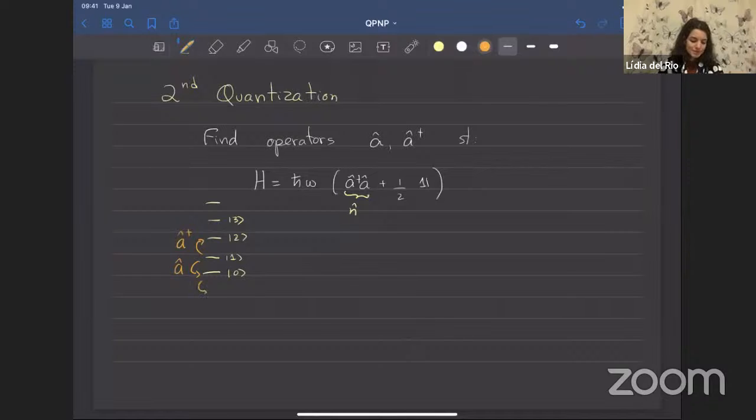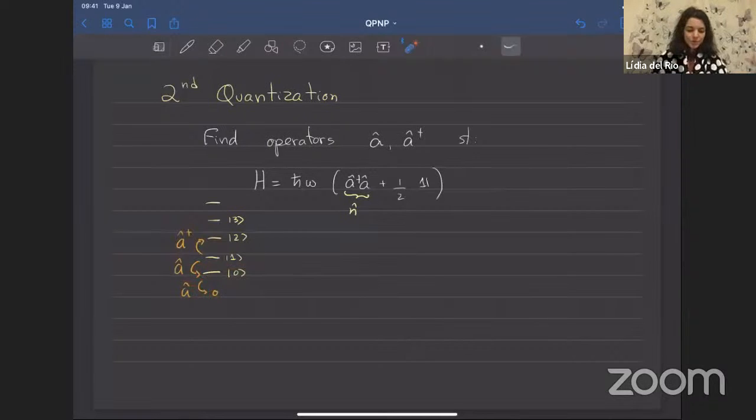And of course, the way we will solve it once we have this is, we take the bottom state, we apply the operator A, we must get 0. This gives us a form for this state. And from here, we can build all the others by applying this raising operator.